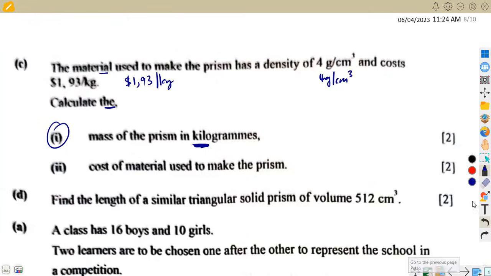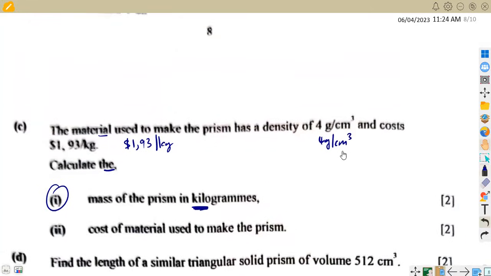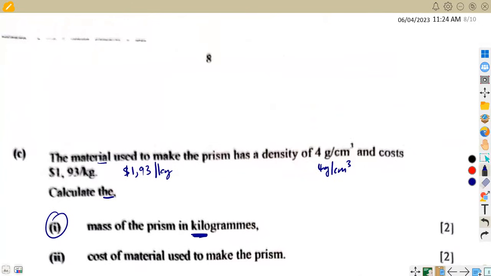Take note, before, on item B, they gave us the volume of this prism. We are given that the volume is equal to 1,728 cubic centimeters. Now we are given the density, and they want us to calculate the mass of this same prism.